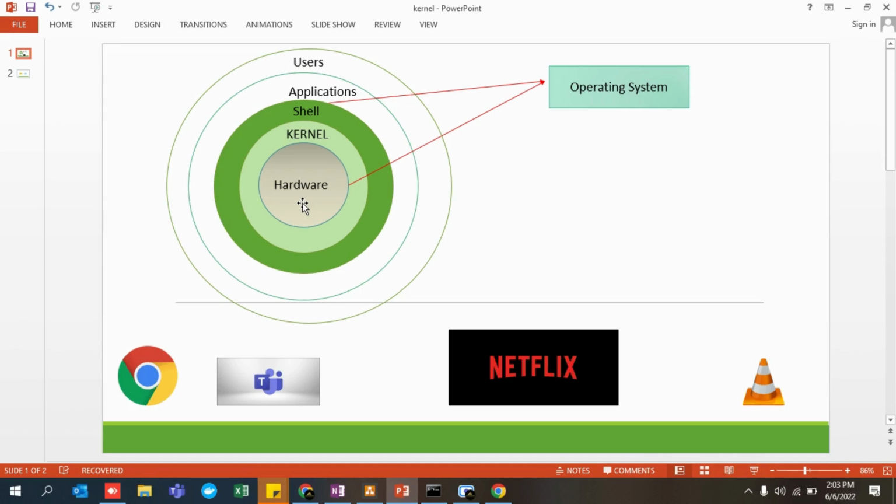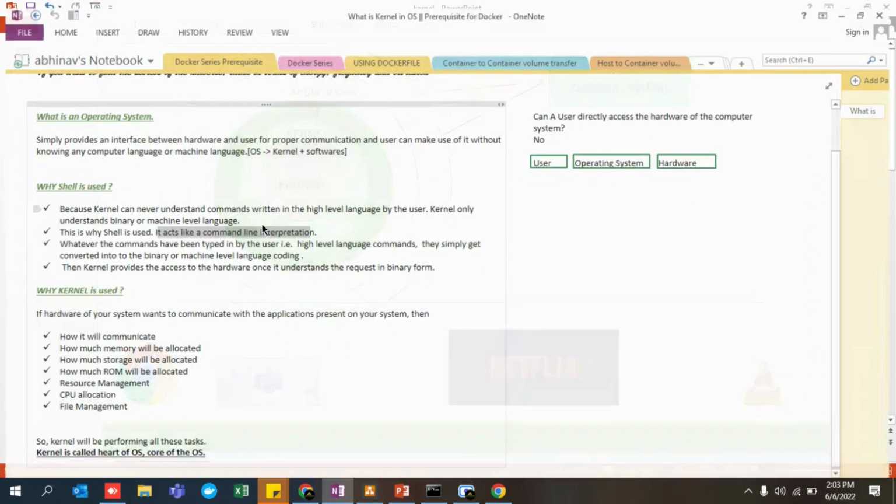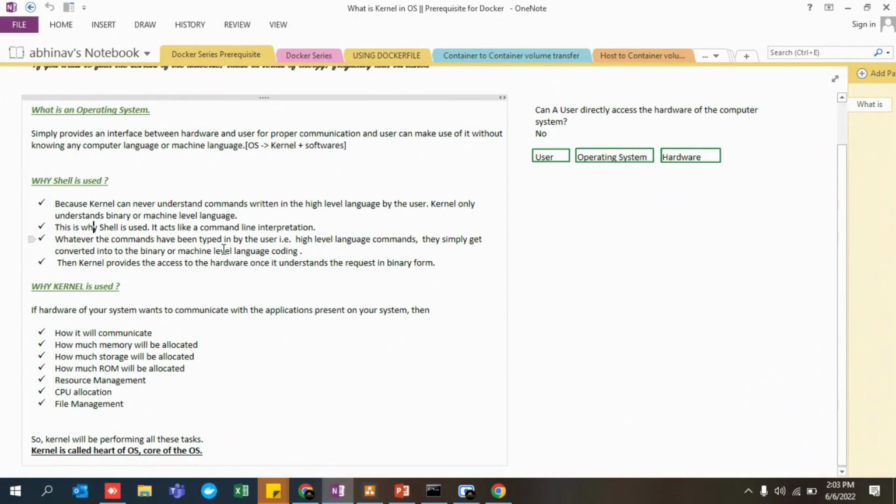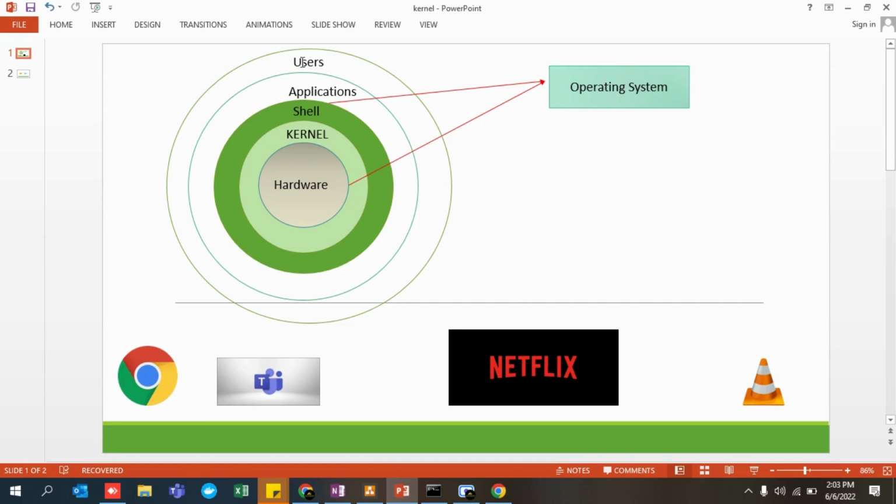If you type certain commands like ipconfig, written in the English language, it cannot be understood by the kernel. So the shell will simply convert it into a readable format, which is easily read by the kernel, and then the kernel will provide the shell the access to whatever it was asking about, right? And then it comes back to the user, and the user can interact.